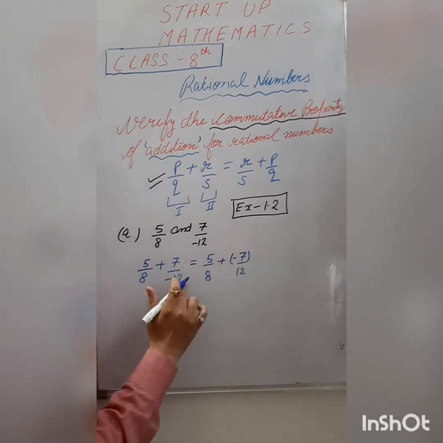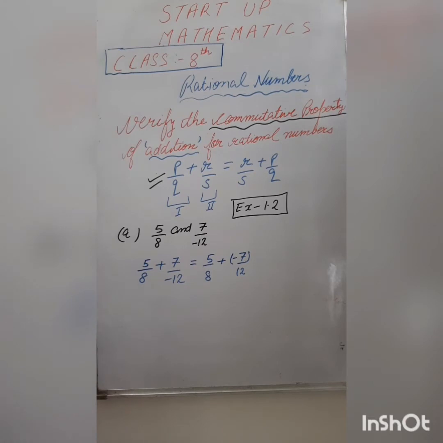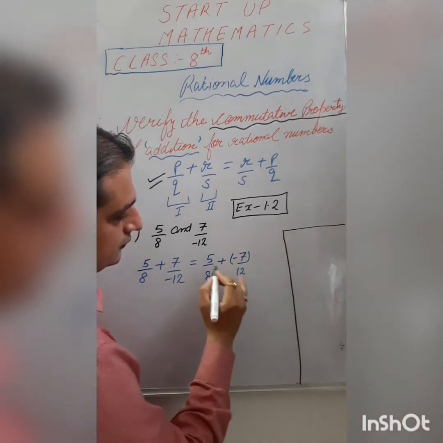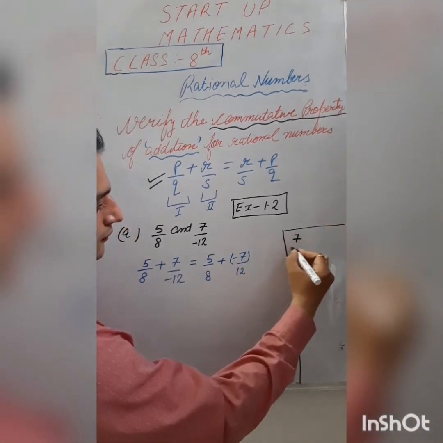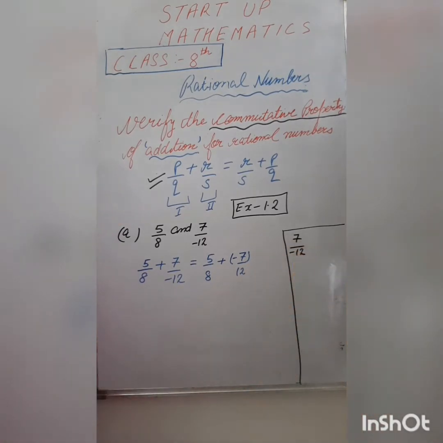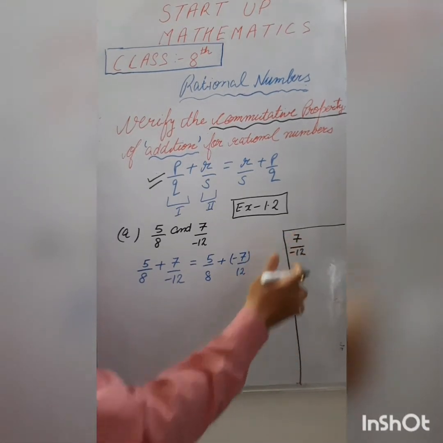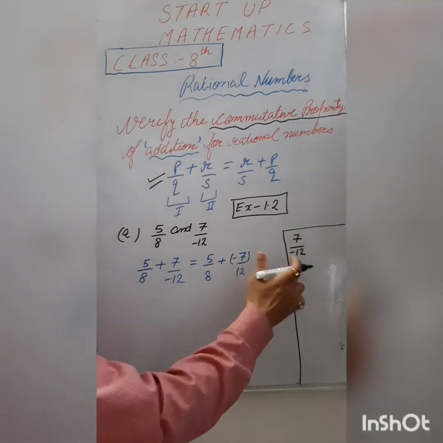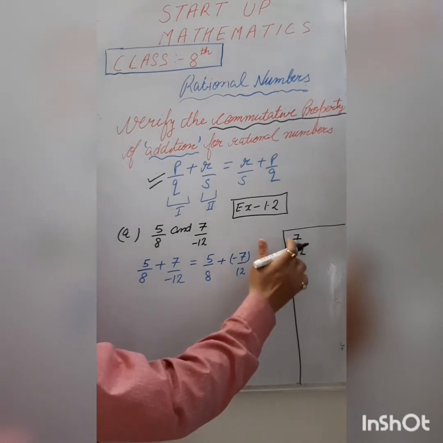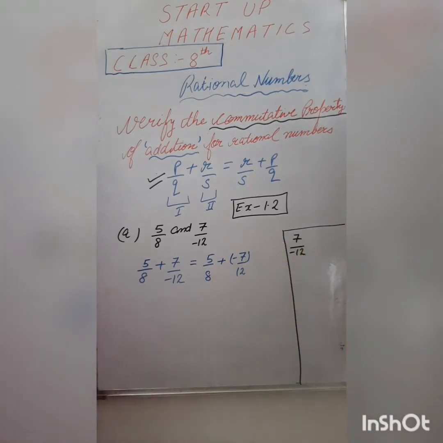Right. How does it come? If I do the rough work, you multiply 7/12 because as per the standard definition, a rational number is said to be in standard form if both p and q are integers with common factor 1, and the denominator is usually positive.